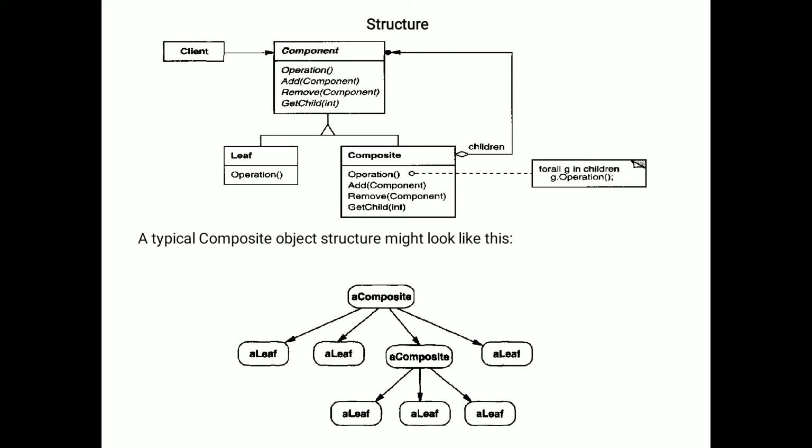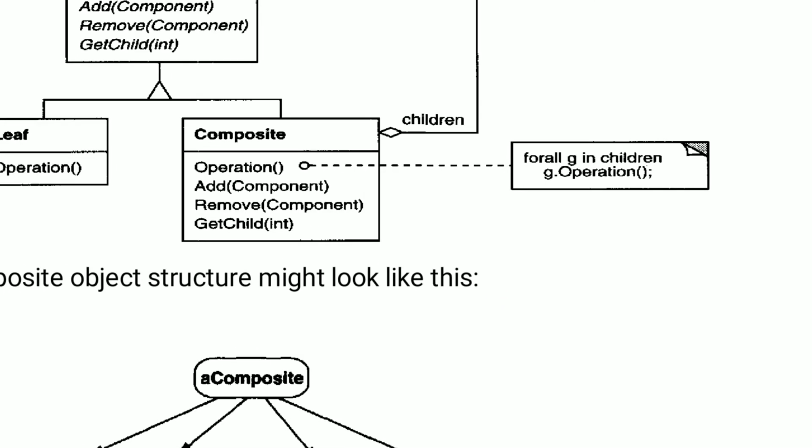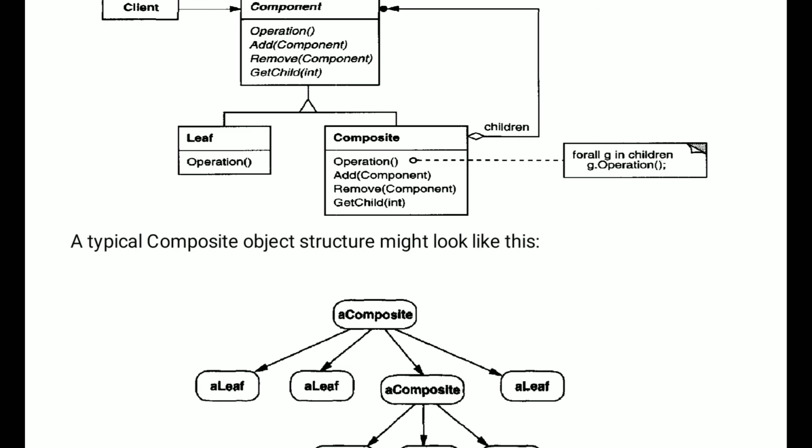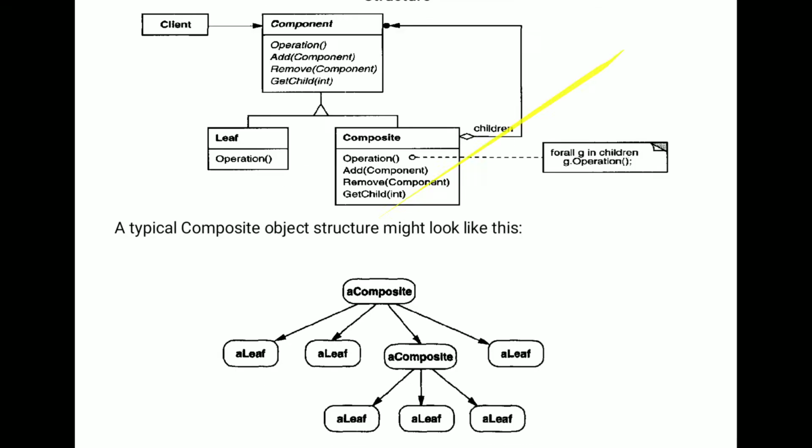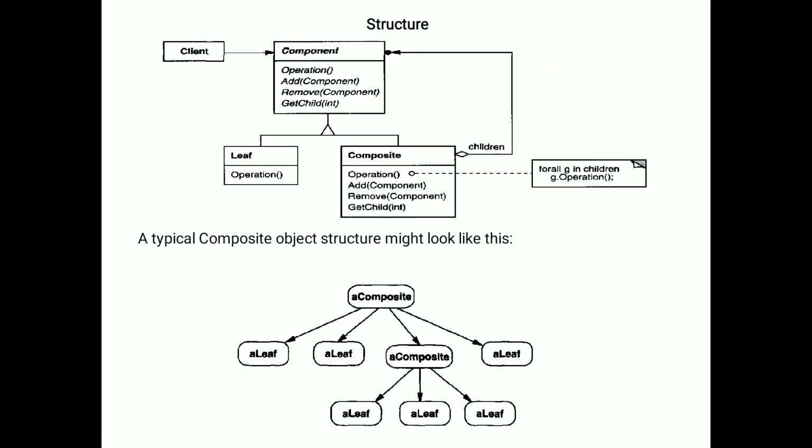Here you see leaf is there, it is not having any children. And here you see composite is there. The composite is having the information of all the children in the hierarchy, with: for all g in children, g.operation.